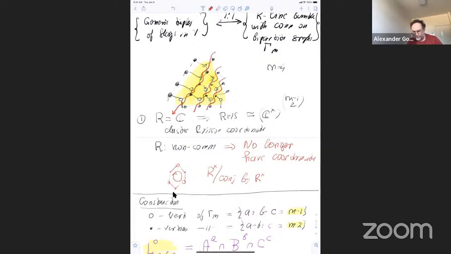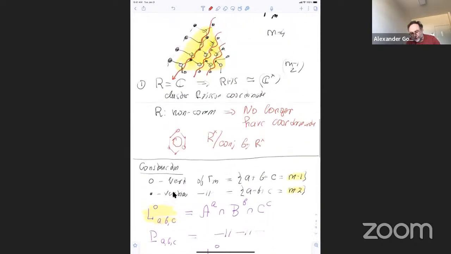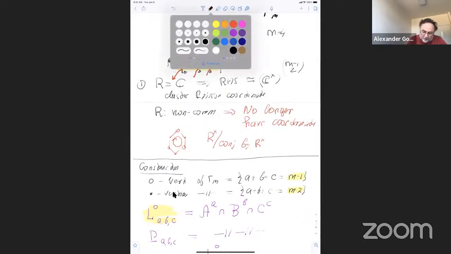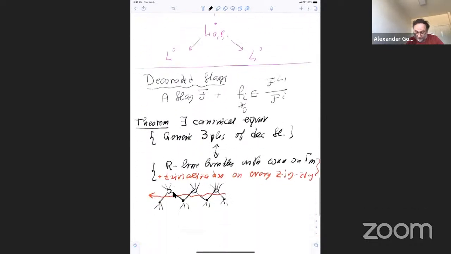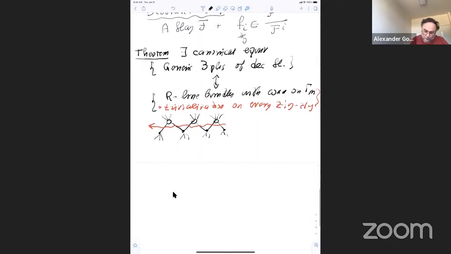Here we have, I hope I didn't make a mistake. And then there are also the others which correspond to the other sides. And so all I demand now is that not only I have a local system, but it's trivialized on each of these zigzags. And this brings us a big benefit, because now we can define the coordinates.